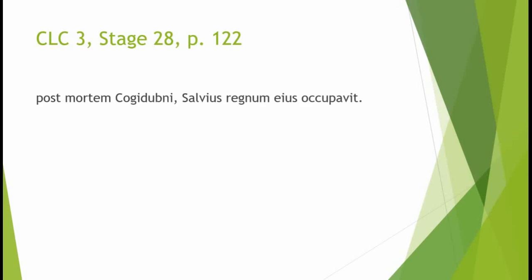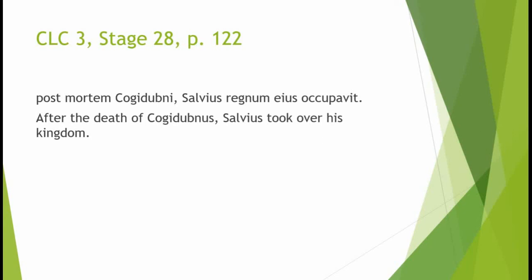So, if we have a look at some of the Latin on CLC 3 on page 122. Post mortem Cogidubni, Salvius regnum eius occupavit. After the death of Cogidubnus, Salvius took over his kingdom.